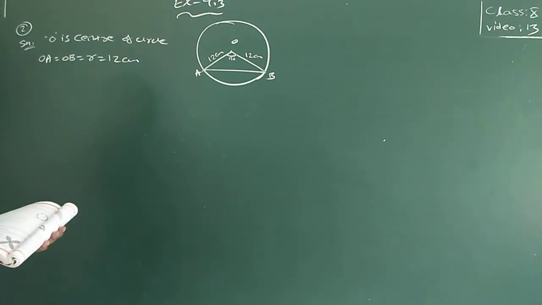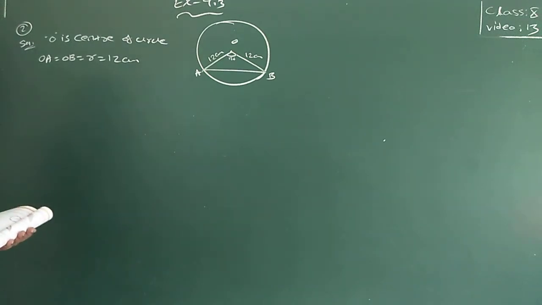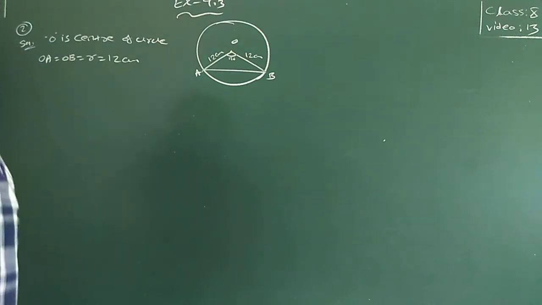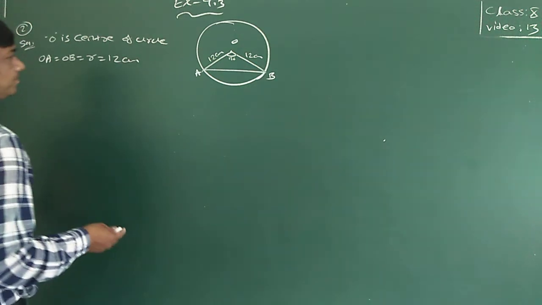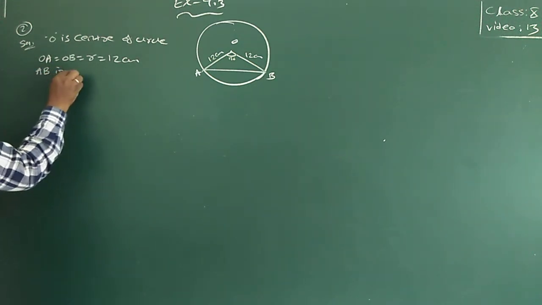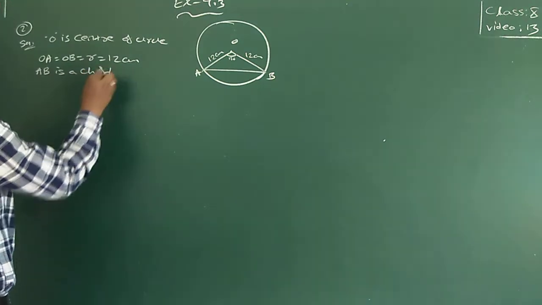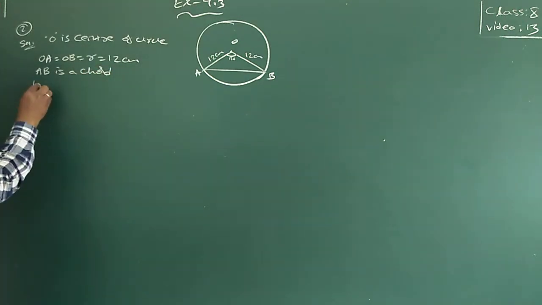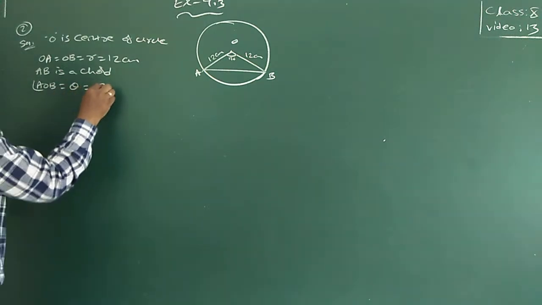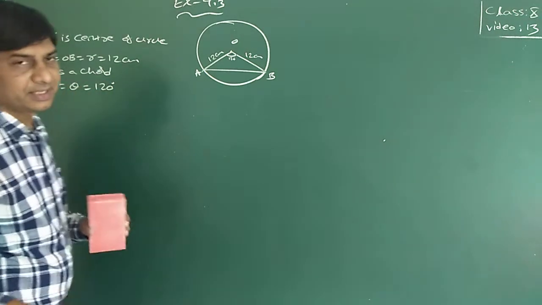Find the area of the corresponding minor segment of the circle, with pi equal to 3.14 and root 3 equal to 1.732. Here we will get a root 3 value also, I think. So AB is a chord of the circle and angle AOB is theta, equal to 120 degrees.